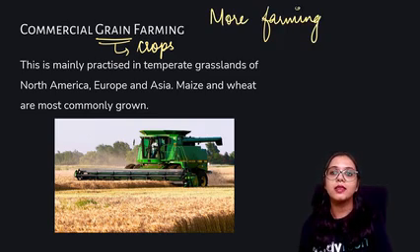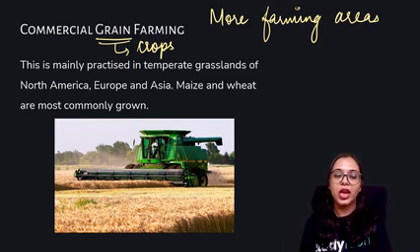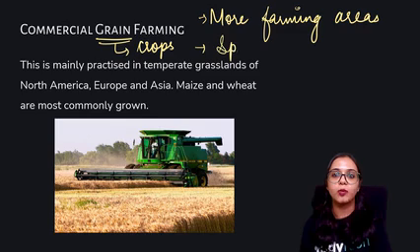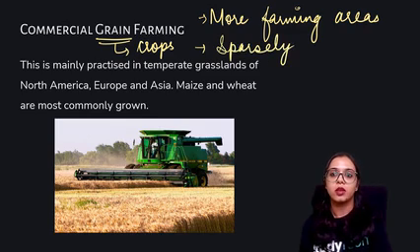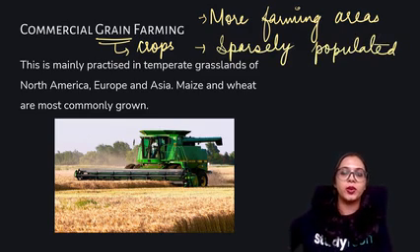Since we are talking about an increase in the space of farming, we also have to keep in mind that there should be less population there. All right, so a sparsely populated area, because if there are people living nearby, then how can you dislocate them and just extend your piece of farming area?